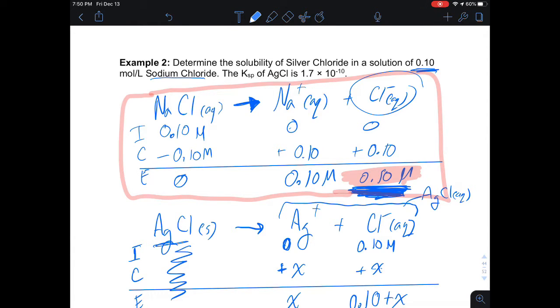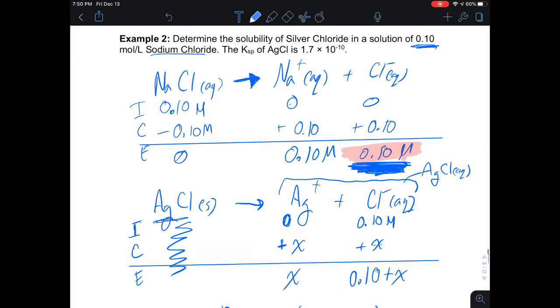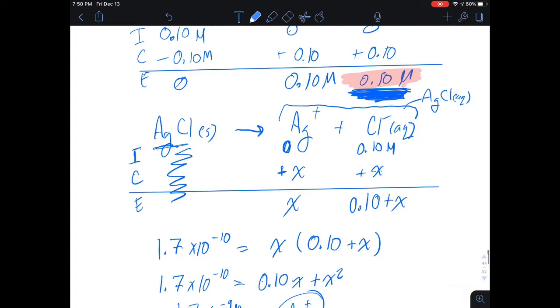So we can think of the original 0.1 molar sodium chloride becoming all dissolved, and so this dissolved version over here tells us that we get 0.1 molar sodium and 0.1 molar chlorine. Not a very exciting one to talk about because it's a 1-to-1 ratio. Of course, there are much more difficult examples of this where we have different ratios that come out.